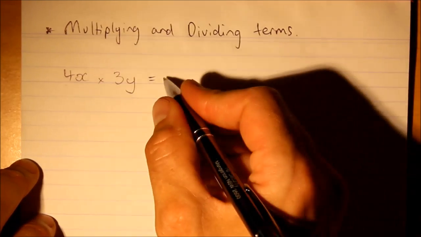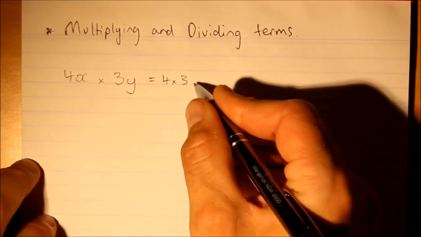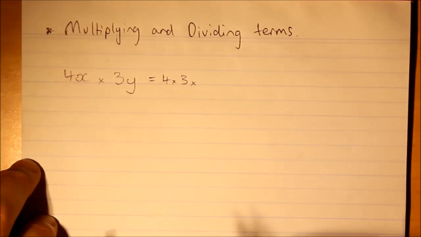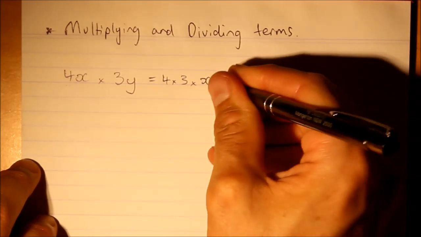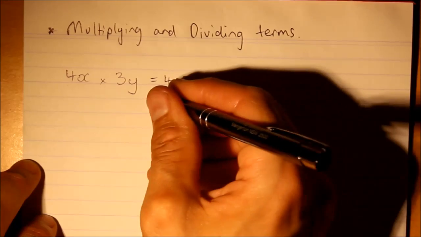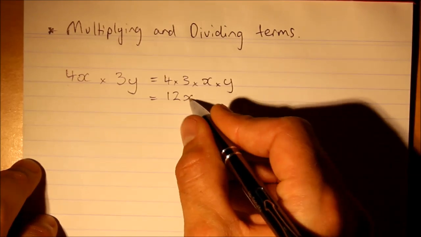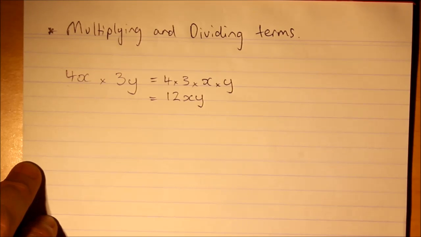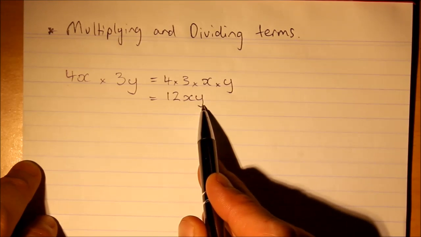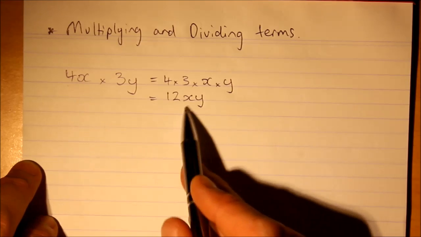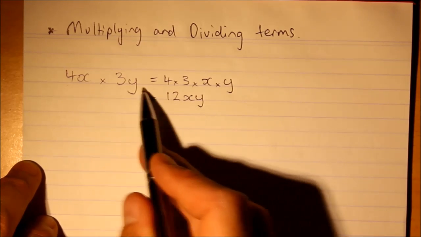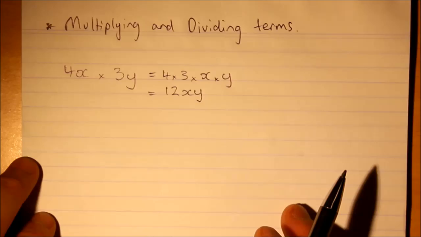So we can rewrite this as 4 times 3, because remember, order doesn't matter when we're multiplying, times x times y. Okay, 4 times 3 is 12, and we would write this as xy. Now that is just a simplified expression of what we had to start with.